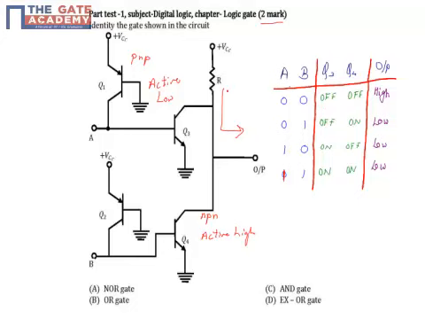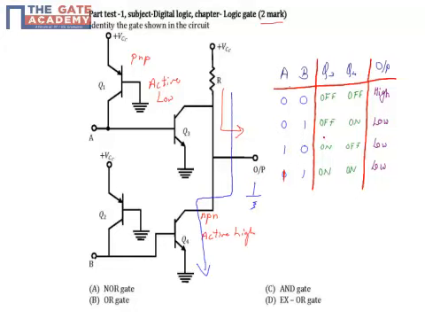Then the current would travel like this and bypass this and go over here, so there would be a current sink. Since this acts as a short circuit, we get a virtual ground over here.